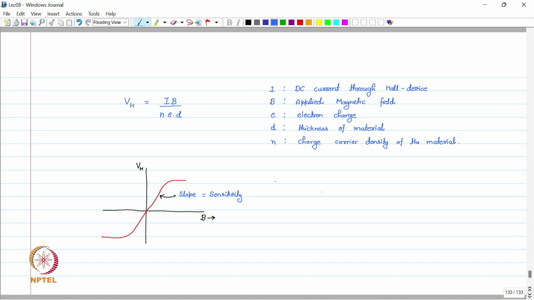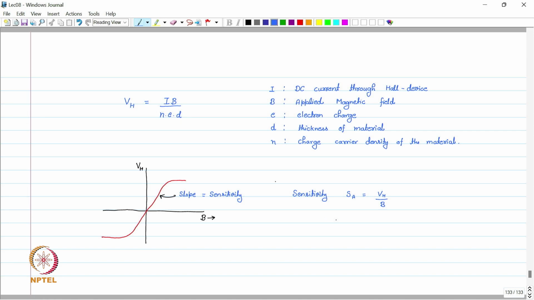And sensitivity we can write as A equal to VH, Hall voltage developed per unit applied magnetic field.